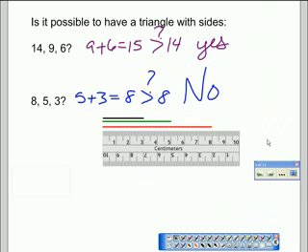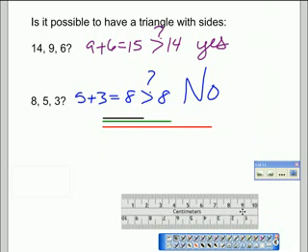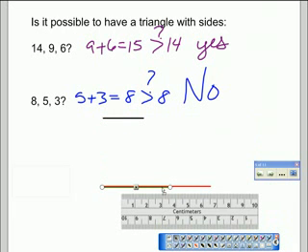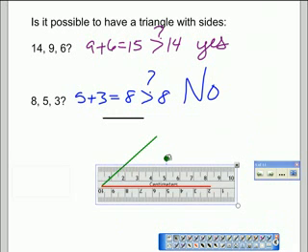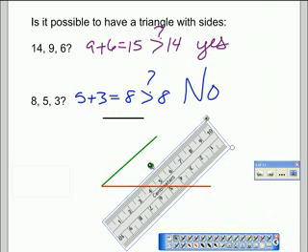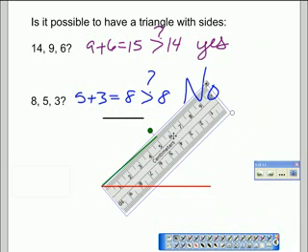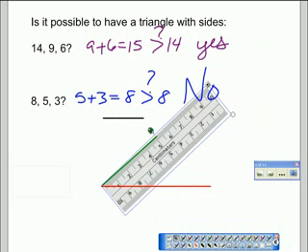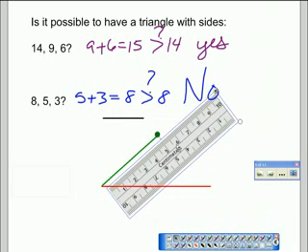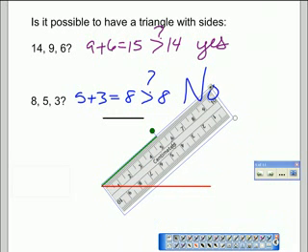I'm going to try and make a triangle with this right now. The hard part is keeping the lengths the same. So I got to bring my ruler over here and measure. Oh wow, that one I did pretty well.